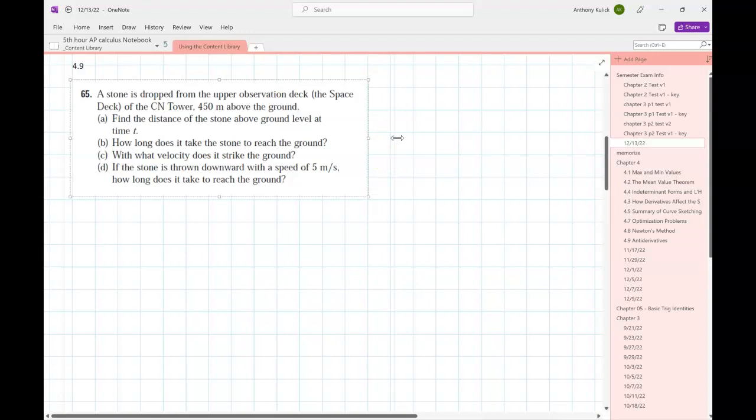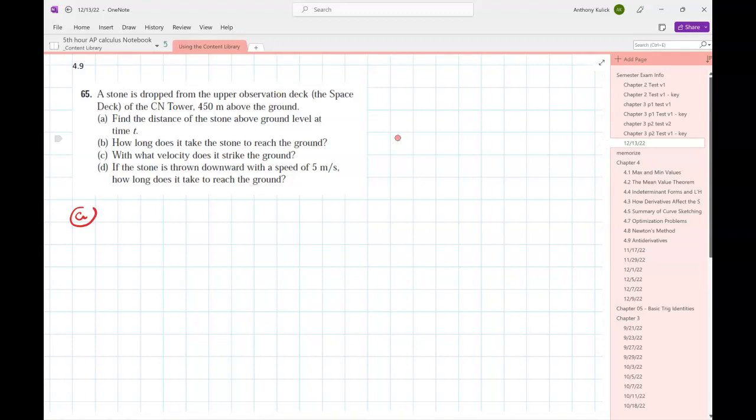Okay, I'm going to start now. So for part A here, it says find the distance of the stone above the ground at time t. So what it's asking for is s of t. So I'm going to start with a of t, and do antiderivatives until I get to s of t.